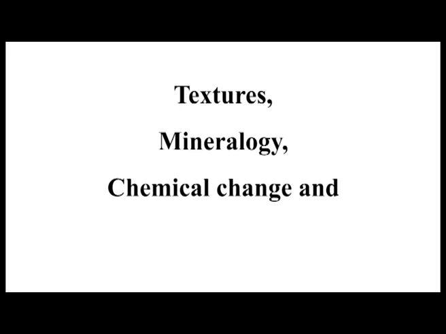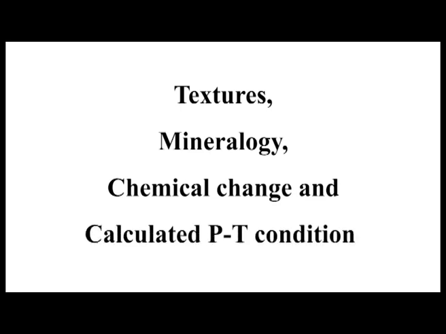It is not a static process, but usually operates under the influence of changing pressure, temperature and fluid composition, and these are documented in terms of texture, mineralogy, chemical changes and calculated pressure temperature conditions. Through all these one can draw the PT path and predict how the metamorphic rock evolved.